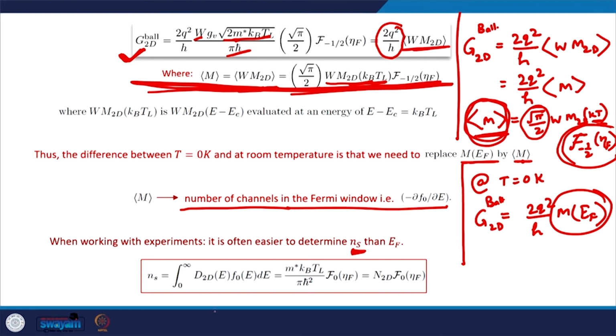Similarly, in this case, we can have a relation between the conductance and the sheet carrier density.